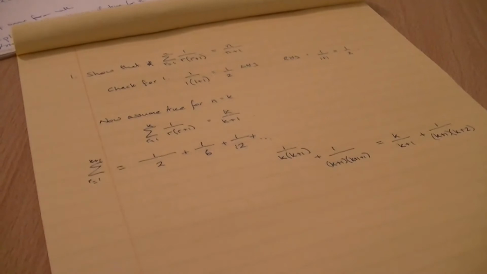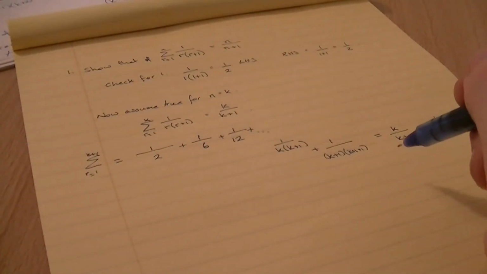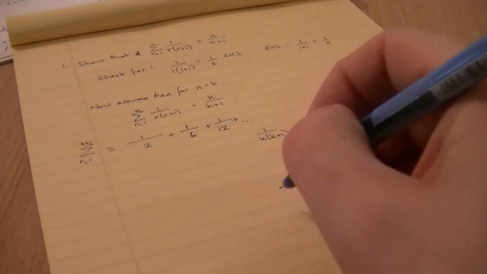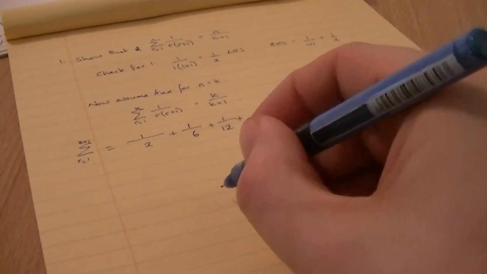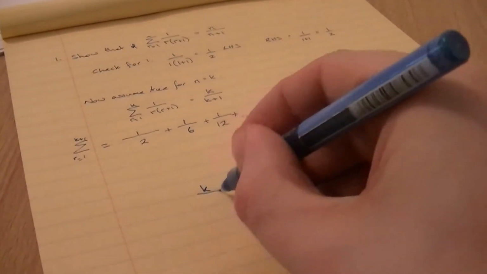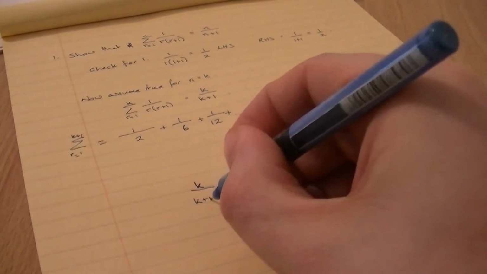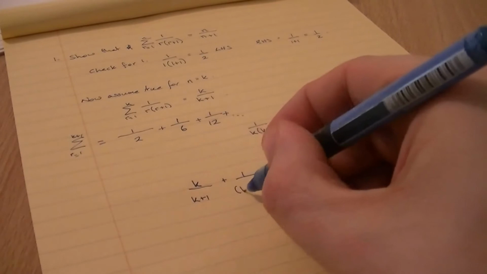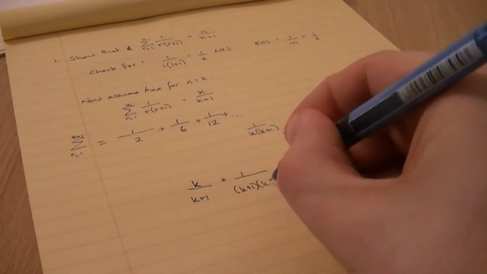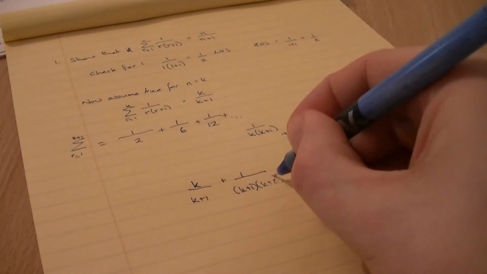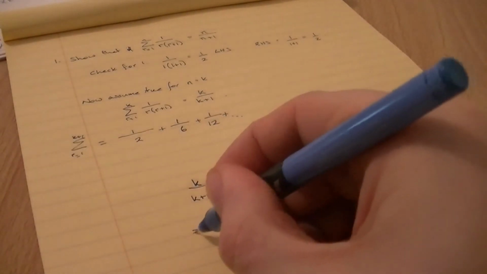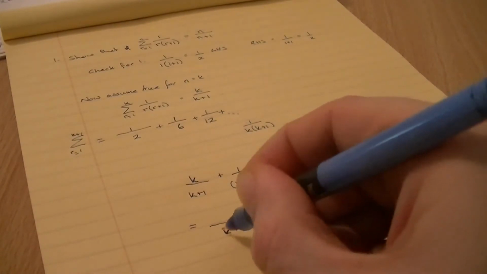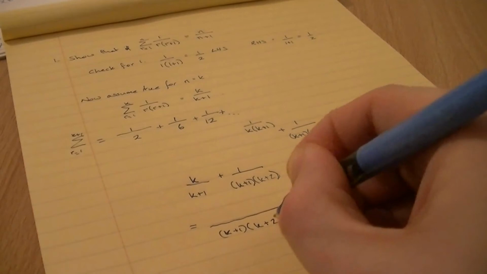Okay. So this here is the left hand side. Now let's tidy up the right hand side. So we have k over k plus 1 plus 1 over k plus 1 upon k plus 2. Okay, so let's give this common denominator of k plus 1, k plus 2.